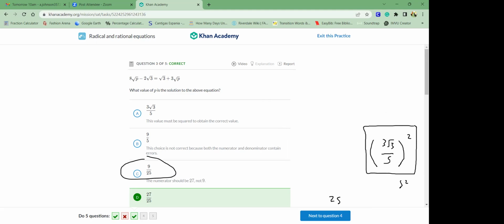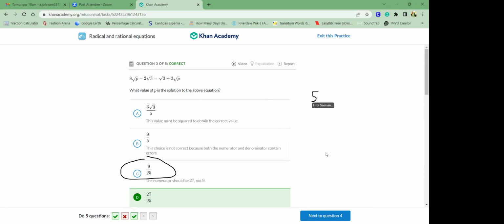All right. Before we go to the next one, let me ask you this. What's 5 root 5 over 3, all that squared? What is that equal to?